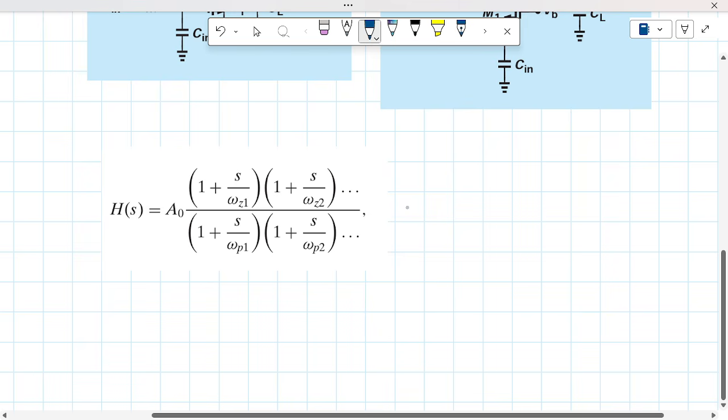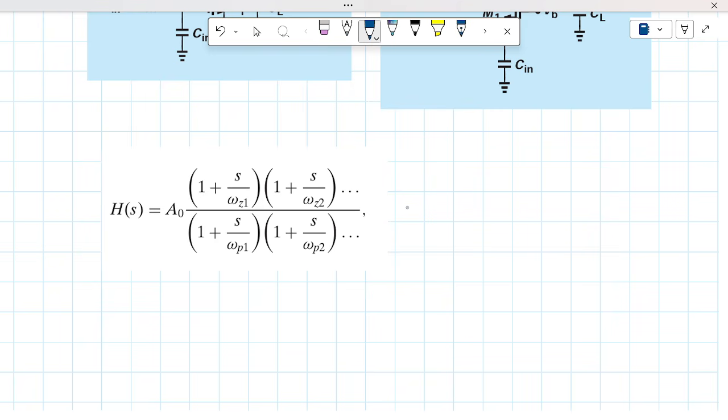Now, the transfer function of a system could be written in this form, where this is the zero frequency and these are the pole frequencies. From this equation, we could see that if the frequency of the system reaches a pole frequency, let's just take a first order system, the gain would reduce.